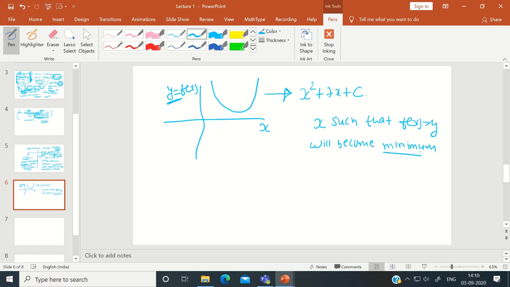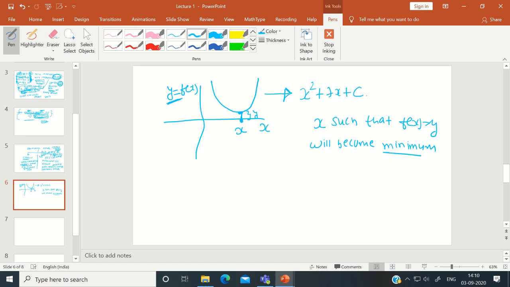This is our aim. And yes, when you want to minimize or maximize a specific function, this procedure is called the optimization. So can you locate the point at which this function becomes minimum? Right. So yes, at this x, the function becomes minimum. This y is minimum.